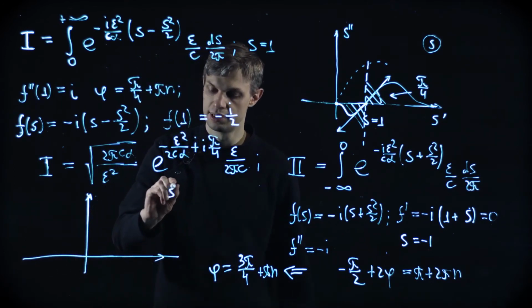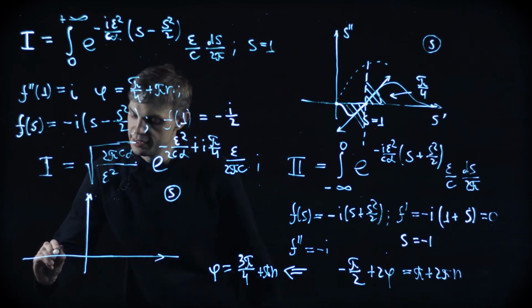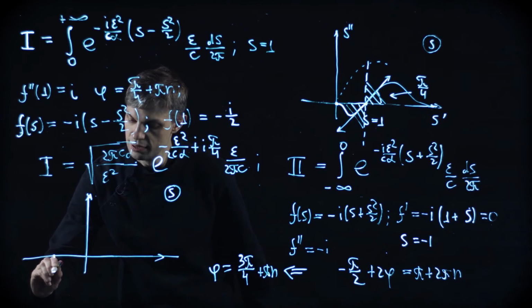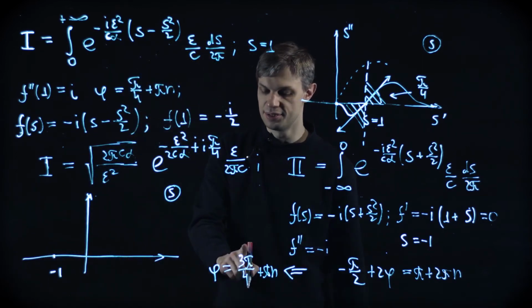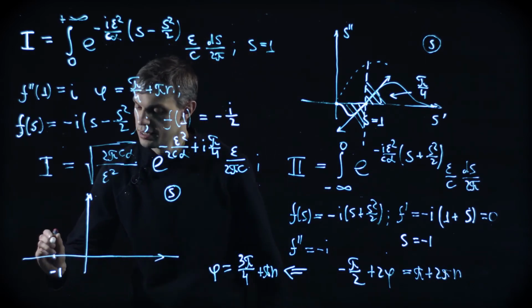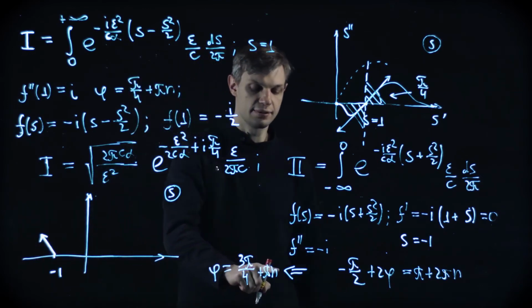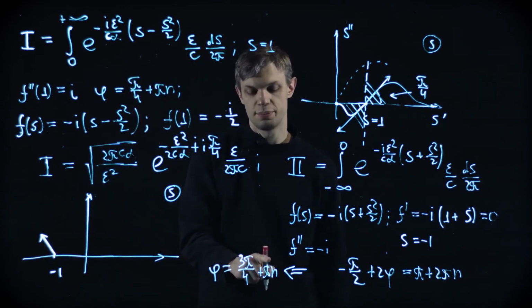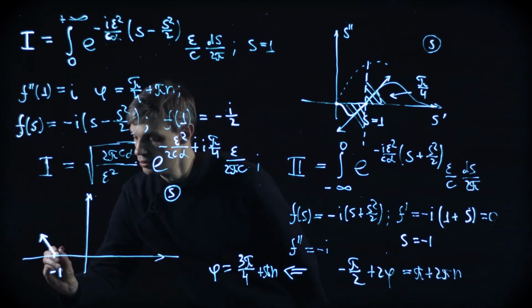And here we just have a little space left to draw the correct deformation of our contour. So here is our complex variable s. Here is our saddle, negative 1. And this is our steepest descent direction. So it's 3 pi by 4. It's this direction. It's either this, when n is equal to 0, or suppose n is equal to minus 1, it's minus pi by 4. So it's the opposite direction.